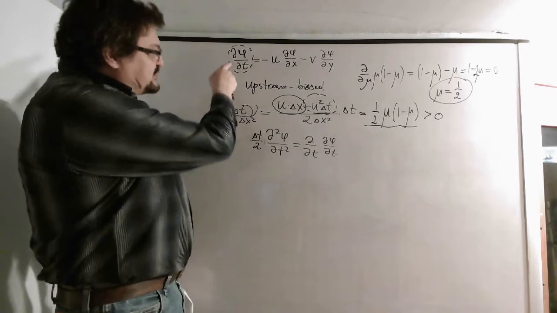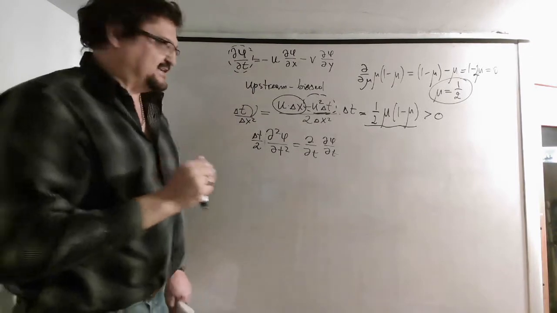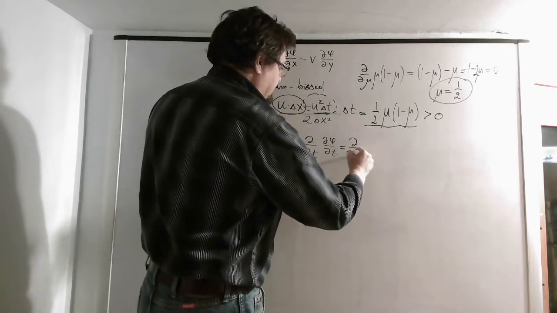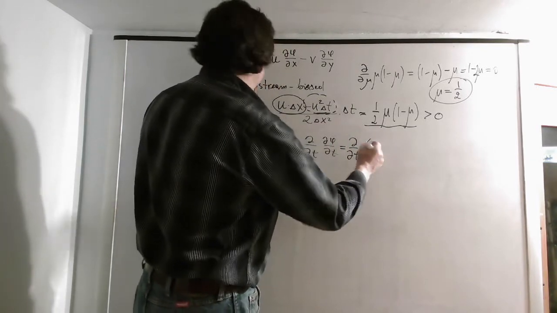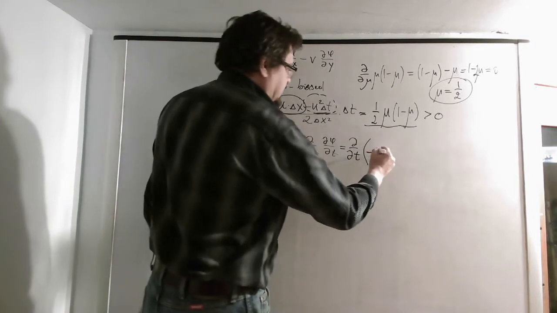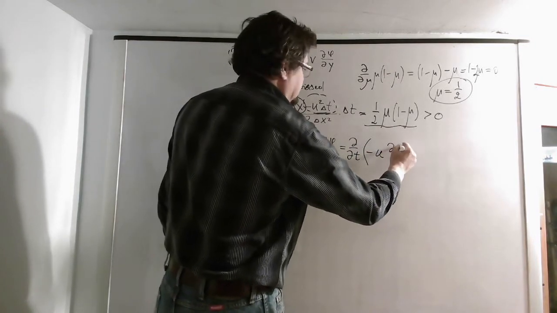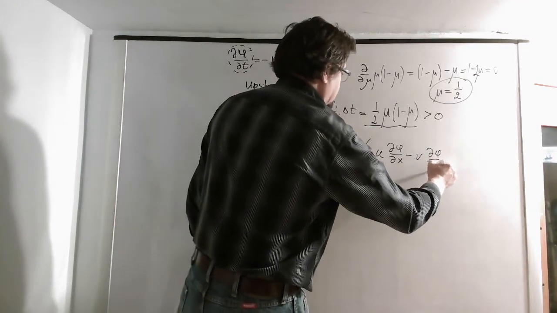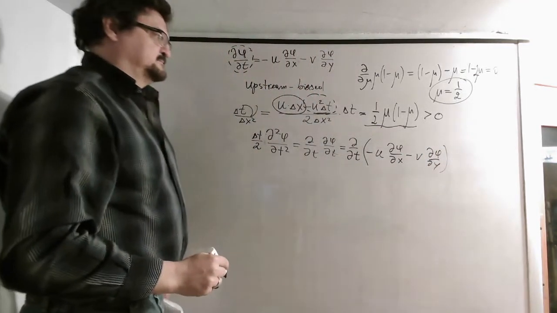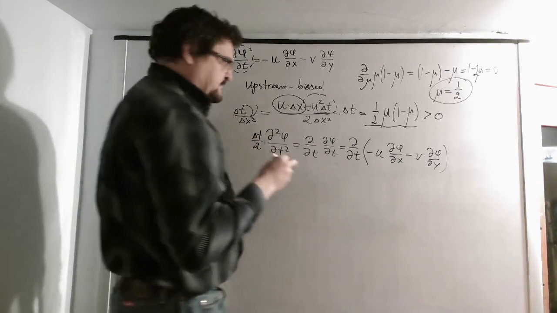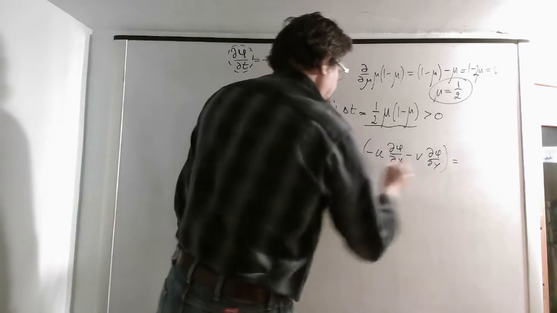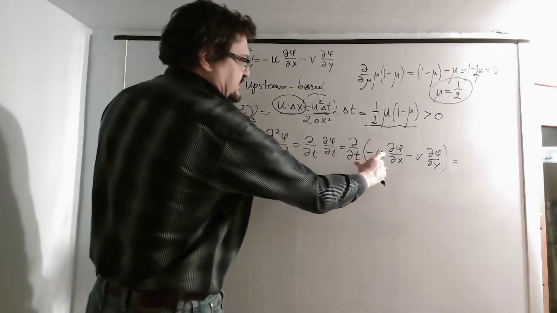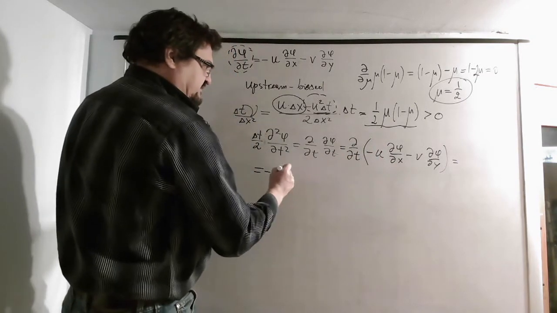But now in two dimensions it's actually more complex than that. Let's substitute. So we have d dt, and here we substitute by this, so it's minus u d phi dx minus v d phi dy. So it equals minus u, and now we switch those derivatives.